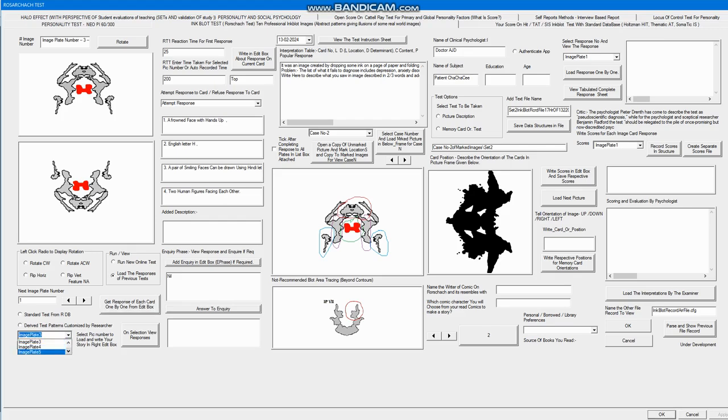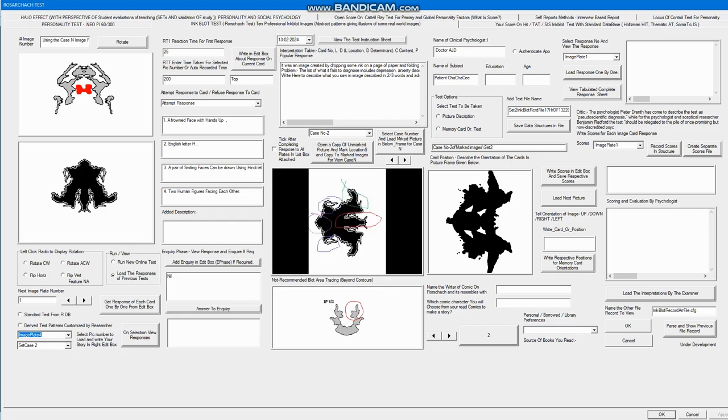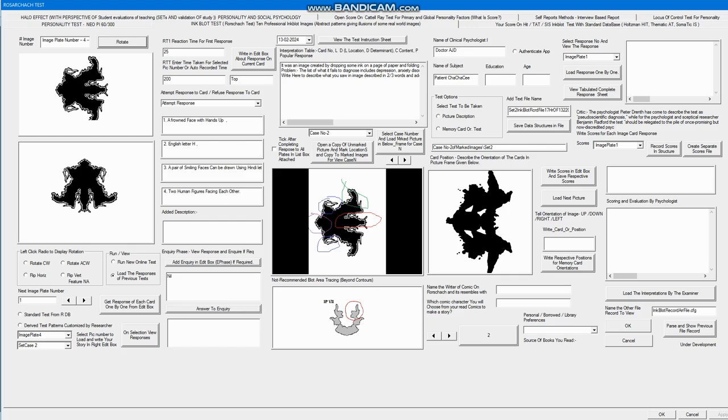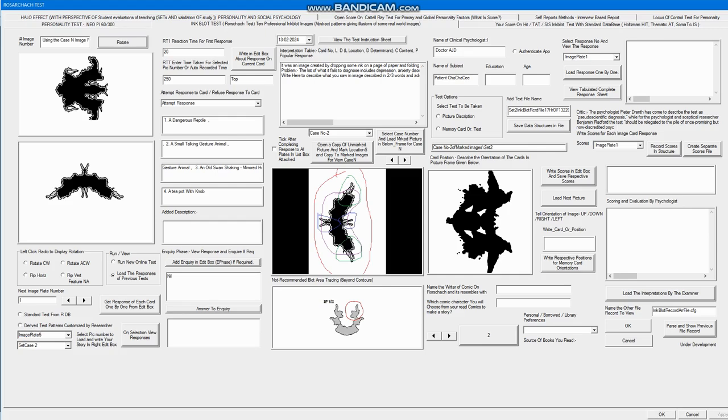After the responses are complete, the next card is presented after some break time between the two presentations of the card. Next, continue to present the card and record responses till the last response on card 10.